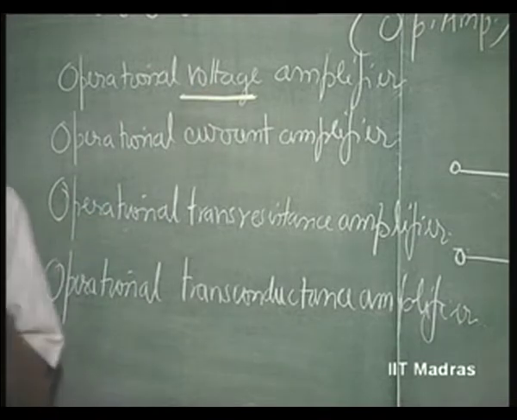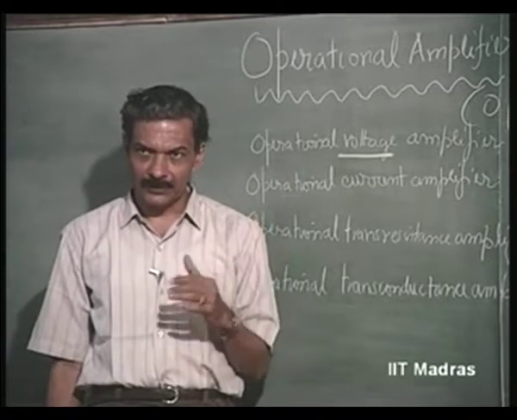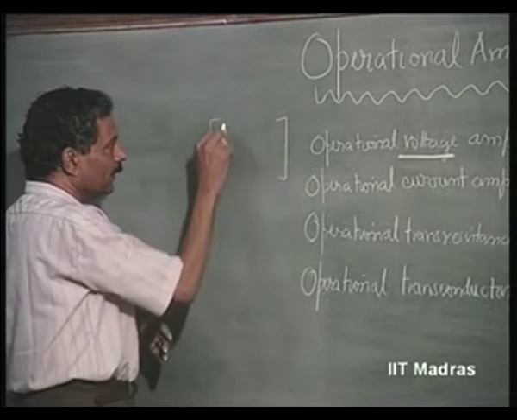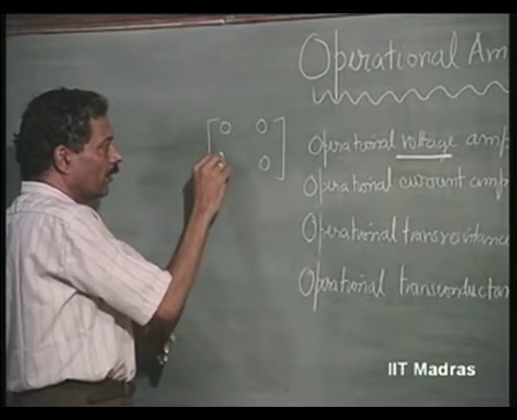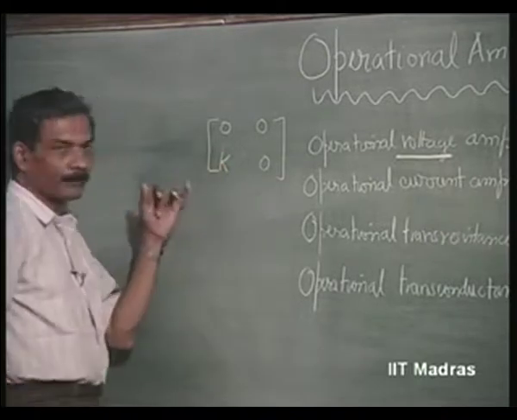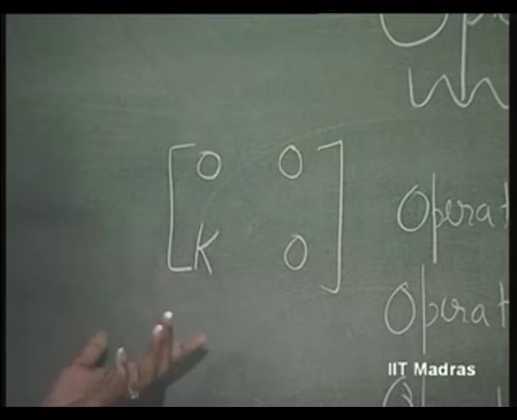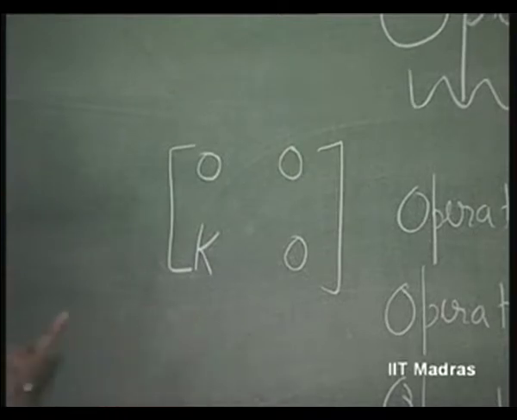What it means is, it is nothing but an ideal voltage controlled voltage source. Ideal voltage controlled voltage source we have seen. So, what is the parameter with which we can define ideal voltage controlled voltage source?